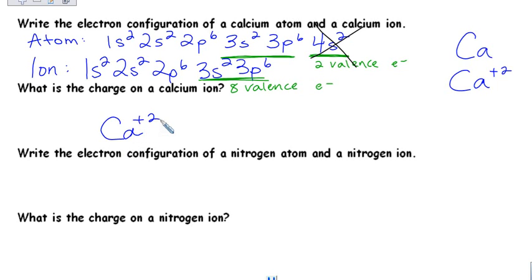Calcium +2. If we take inventory, we still have calcium, element number 20. So there are 20 positive protons, but now we've lost 2 electrons. So we only have 18 negative electrons. Overall then, our charge is +2.